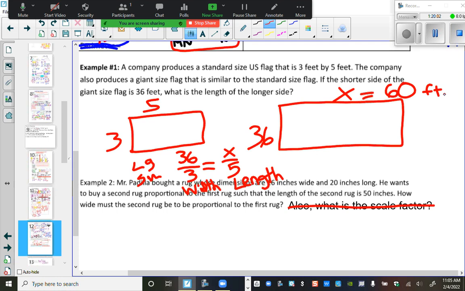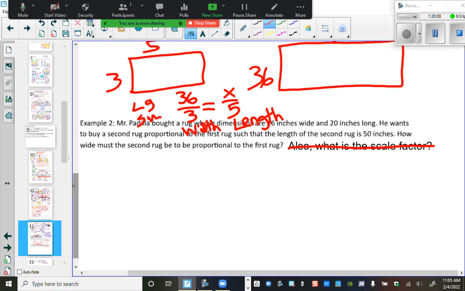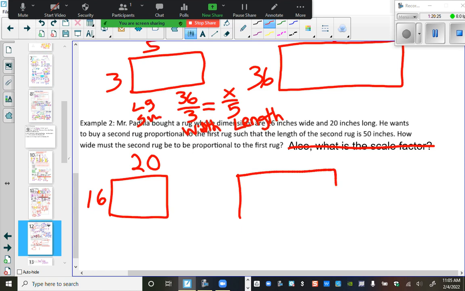And then the second problem, Mr. Faliga bought a rug whose dimensions were 16 by 20. And then the second rug, he said the length. So is the 50 going to be up, down, or going across?